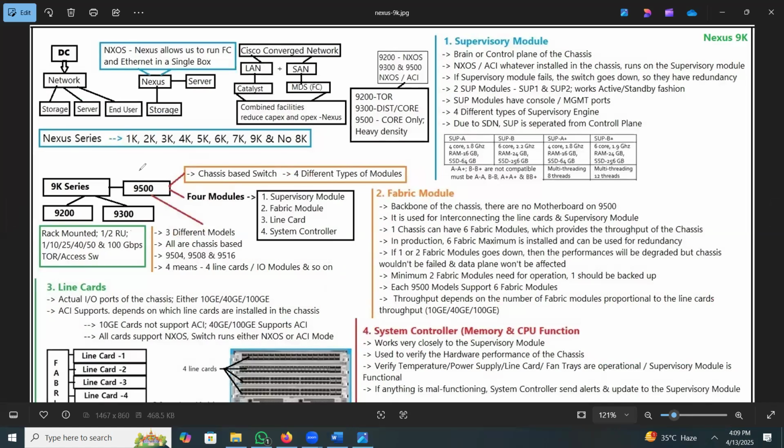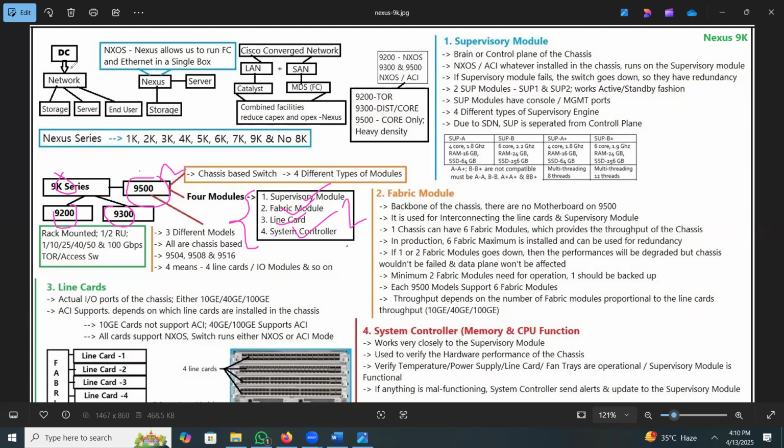Here you can see these are the Nexus series: 9200, 9300, 9500. What is the use of 9500? What are the modules? On the 9K series, we have the supervisor module, fabric module, line card, and system controller. Where to use them, I will discuss.